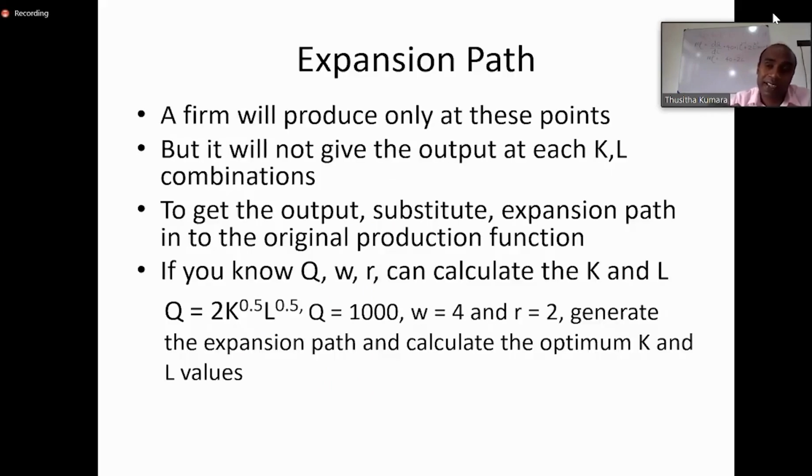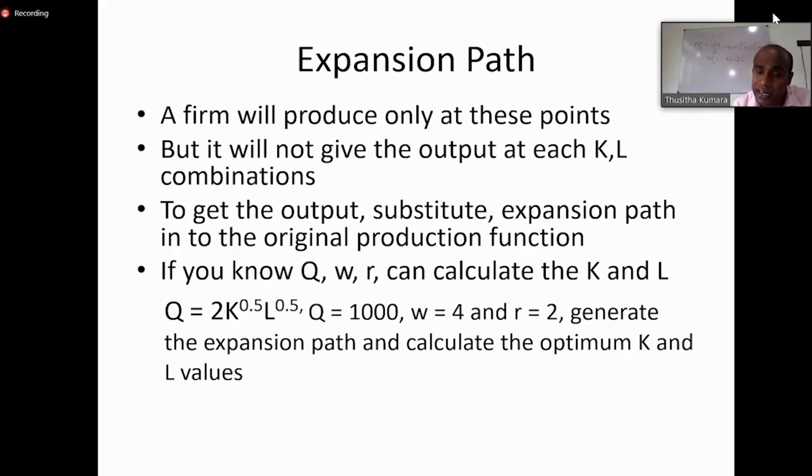It will tell us what combinations we should have, but it never tells us this is the condition, this is the point where you have the optimum output level. If we want to get the output level, we need to substitute the expansion path into the original production function.